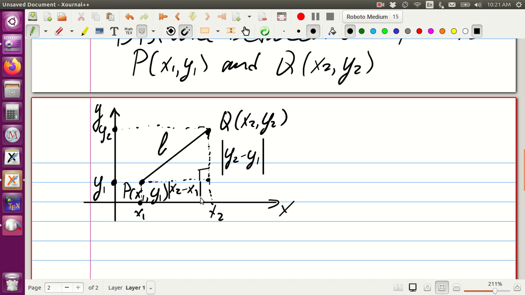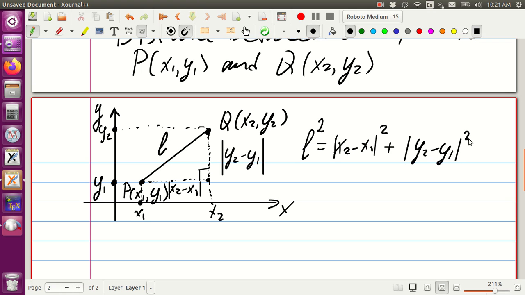Last thing to do is to use Pythagorean theorem that says if you want to find L, we know that L squared is equal to one leg squared, so x2 minus x1 squared, plus the other leg squared, which is y2 minus y1 quantity squared.